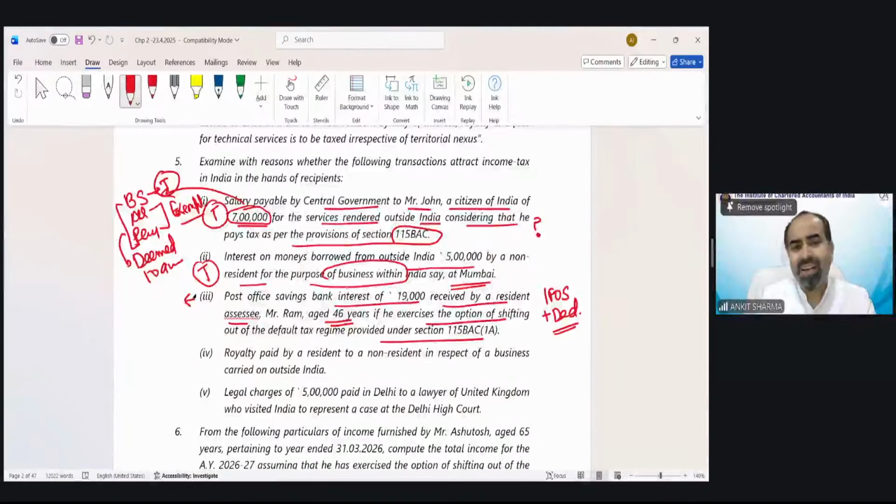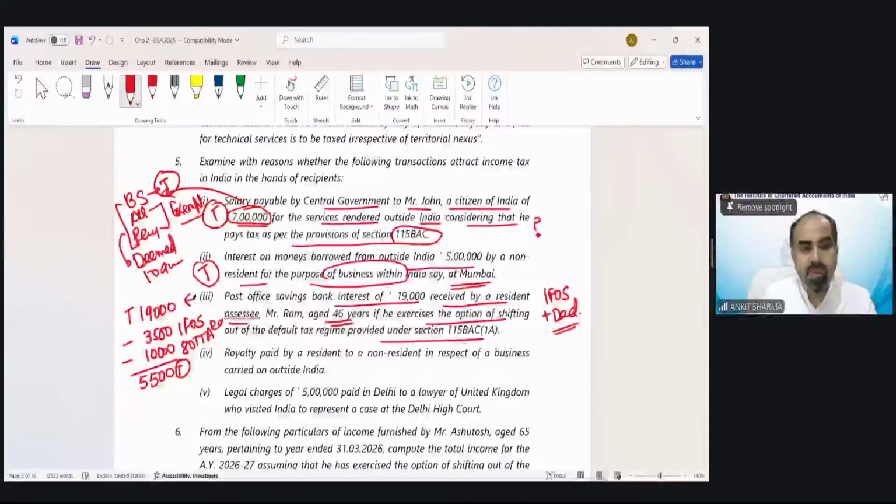Now, this 19,000 would be income that arises or is deemed to arise in India, so technically taxable. But in the solution, you will see they give an exemption of 3,500, which is related to income from other sources, and a deduction of 10,000 under section 80TTA, which is connected to the deduction topic. After that, I guess 5,500 rupees taxable has been shown.